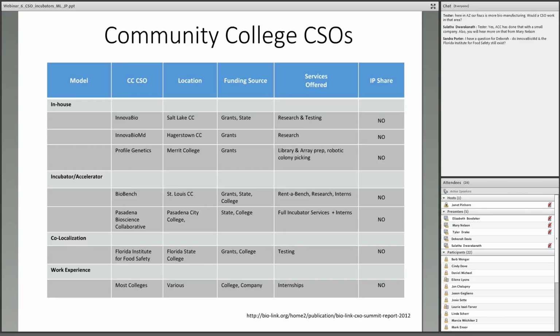The co-localization, co-working model, this is where the college will share space with industry. So two labs basically, academic and commercial, side by side with common spaces and equipment. And then of course the work experiences.